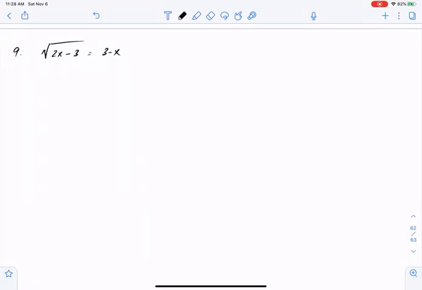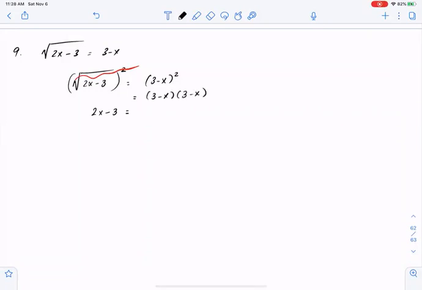So I'm going to square on both sides. The root and the square will get cancelled. So we would have 2x minus 3 equals 3 minus x whole squared. That is simply 3 minus x times 3 minus x.